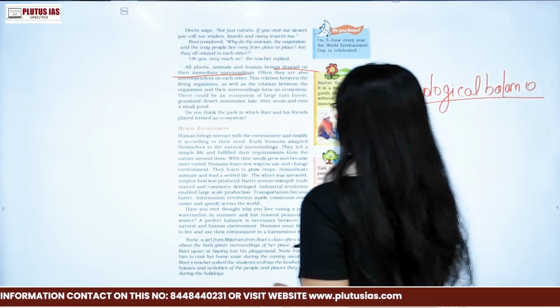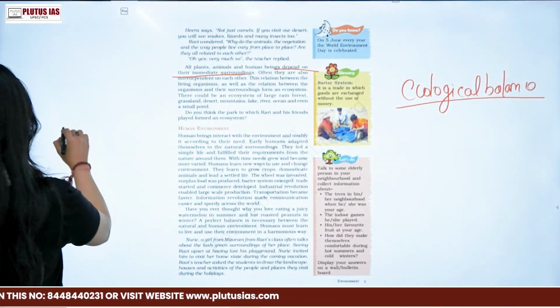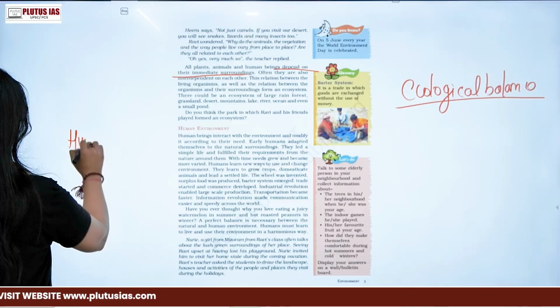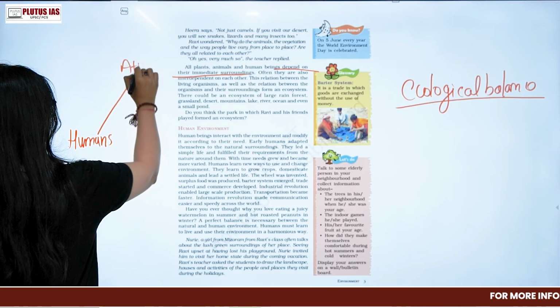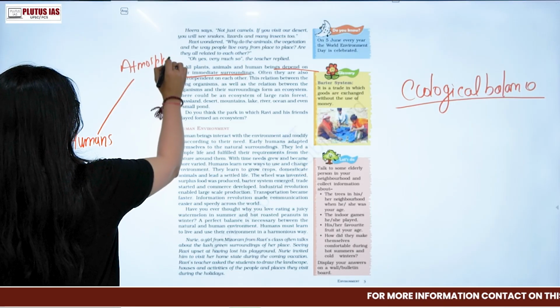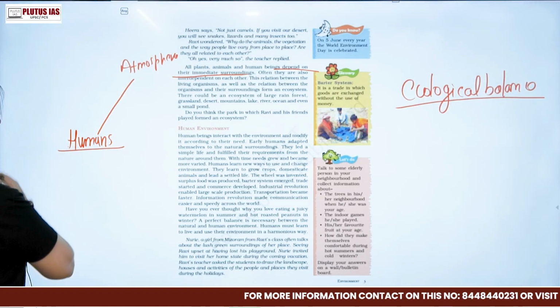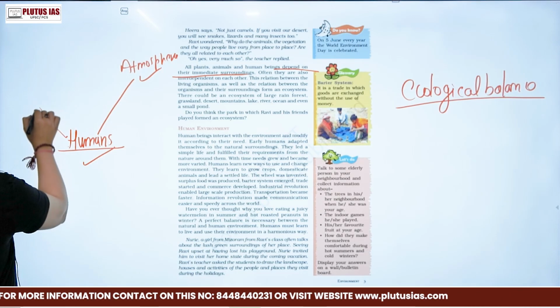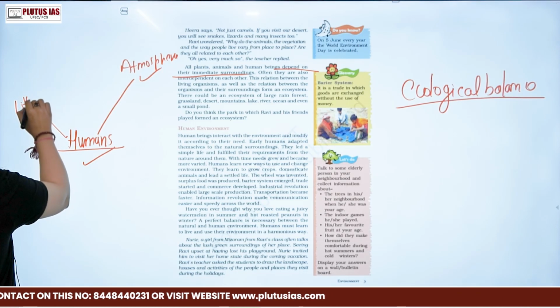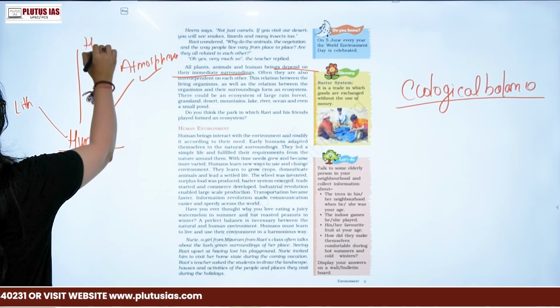right? For example, I'll give you an example like this. If humans would have been there and there would have been no atmosphere, then do you think humans would have existed? Or maybe atmosphere and humans are there, but there is no water, no hydrosphere is there.